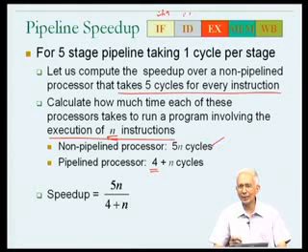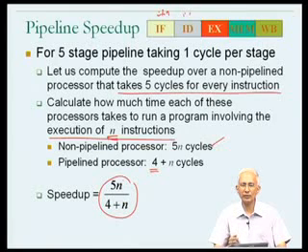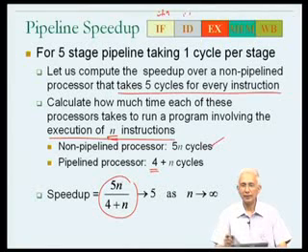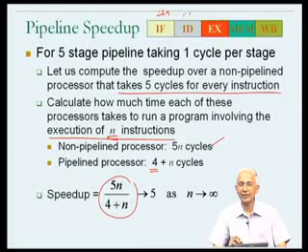So one could look at this expression for speedup in the limit as n tends to infinity, and get some feel for the significance of this speedup. If you take the limit as n tends to infinity, you'll notice that this tends to 5. So the thing to note here is that for extremely large programs, I could expect the program to run 5 times faster on the pipelined processor than on the non-pipelined processor.